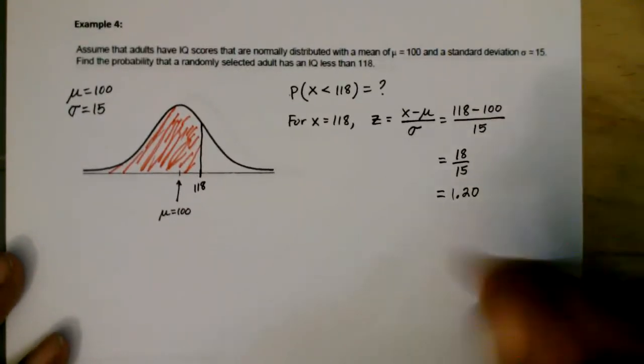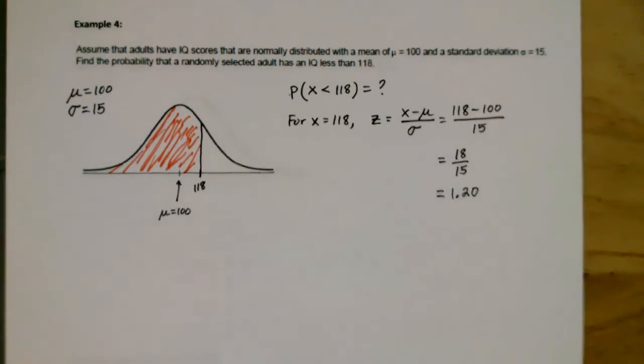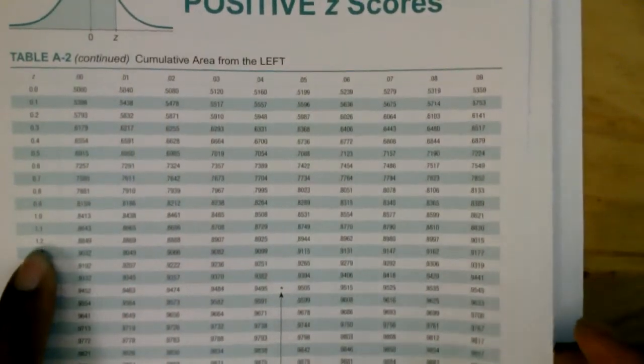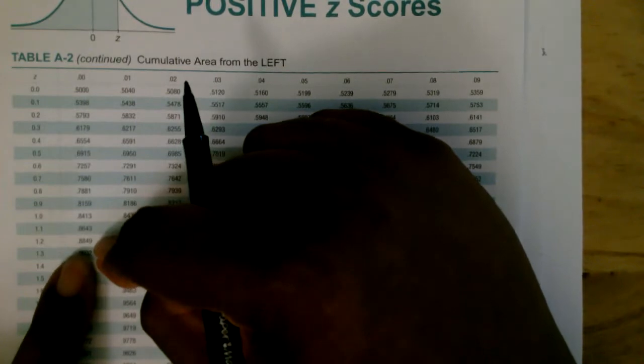Now that's what we will use to locate the area to the left in table A-2. We have a positive Z value, so we look under the page for positive Z scores and find 1.2. Then you've got 0.00 right here. So read across to 1.2, the column for 0.00, and this will be 0.8849.